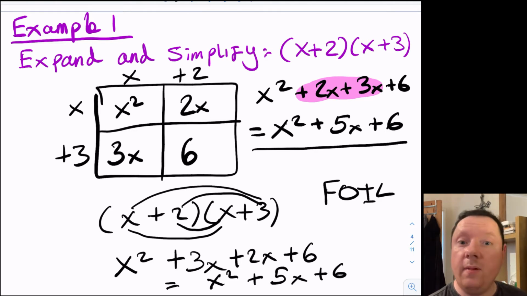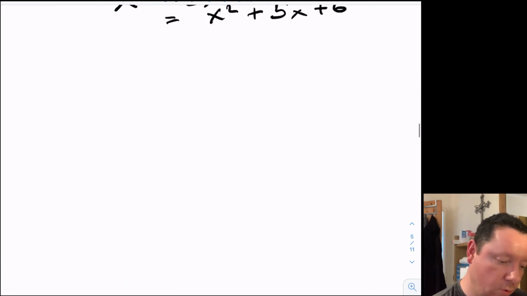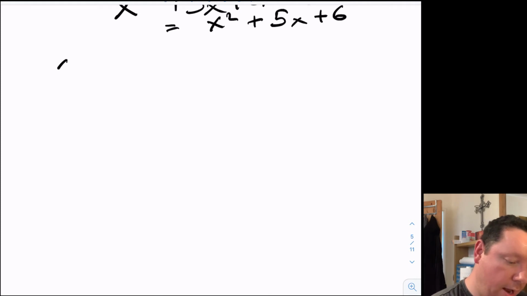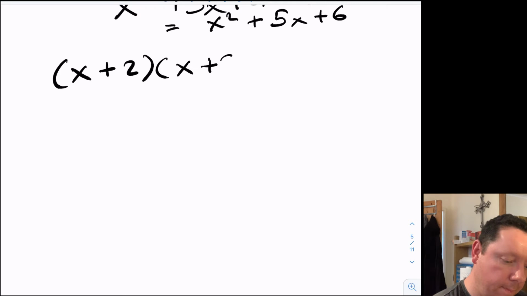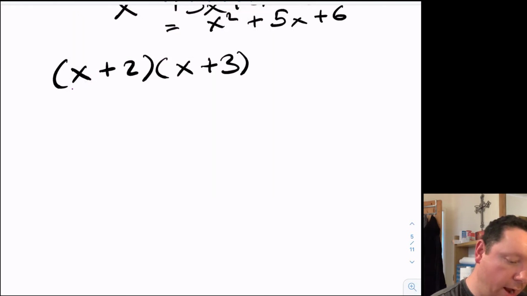I will do the other method just for the sake of completeness, which is splitting the brackets into 2 single brackets. We'll do that underneath. So we had x plus 2, x plus 3. Use a different coloured pen. So I need to do x times the second bracket, x plus 3.